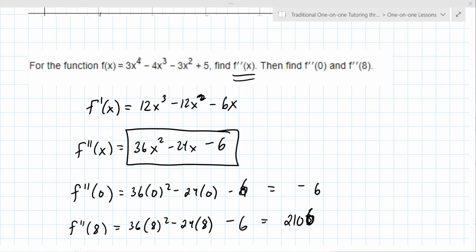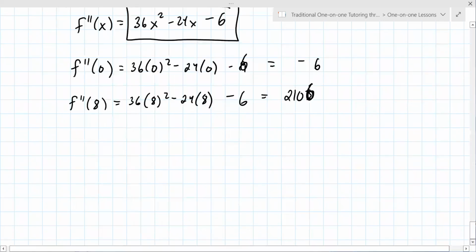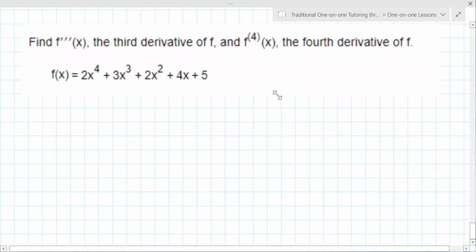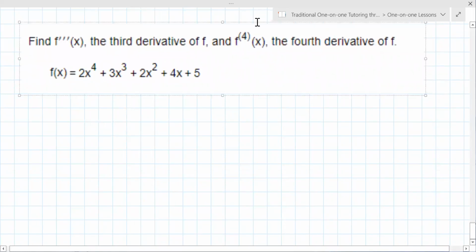All right, I think that is it for that question. Let's go to the next one. All right, so the next question wants the third derivative, f triple prime of x. After you go to more than 3 derivatives, you just start putting the number in parentheses.